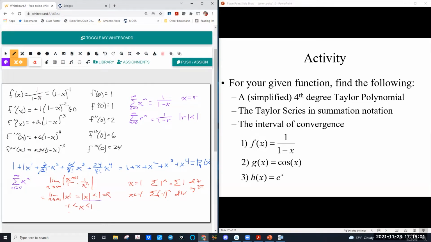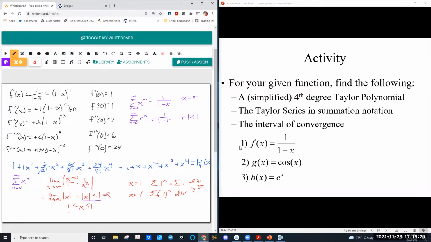We actually did this in the reverse. Back in section 8.2, in the lesson, this formula was derived for the sum of an infinite geometric series. Now what we're doing is taking the formula of the infinite geometric series and finding its Taylor series, to show that it is the sum of an infinite geometric series.